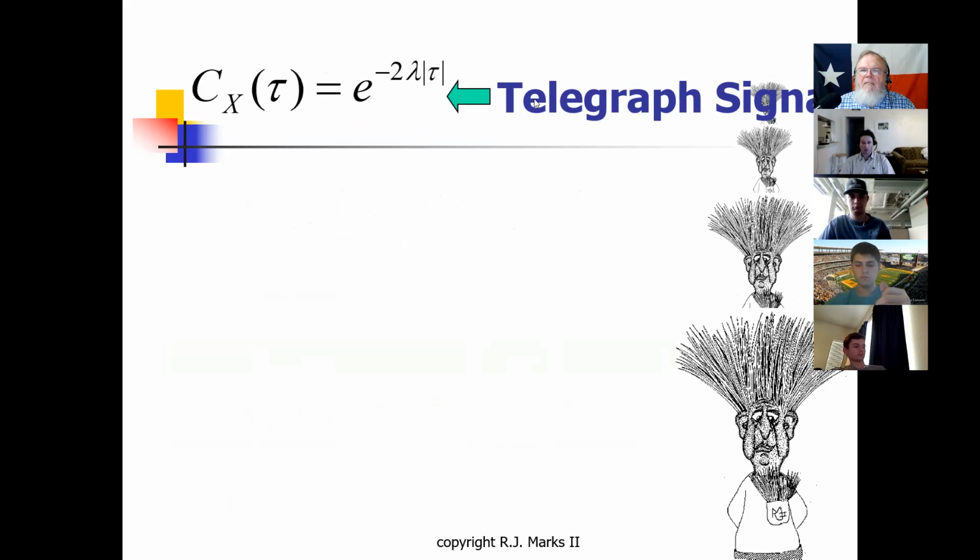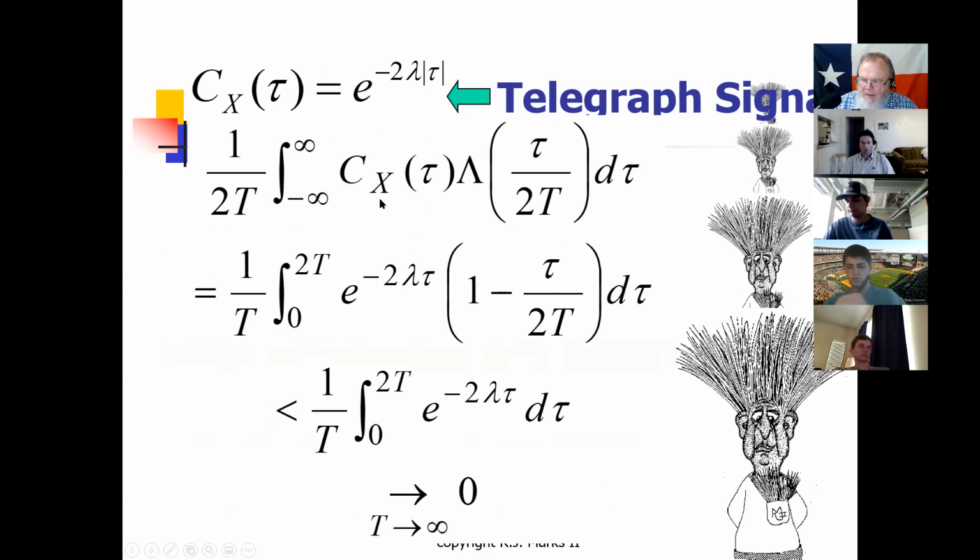Now, we showed, I don't know if we showed this, but it turns out that this is the autocovariance of the telegraph signal. And let me remind you what the telegraph signal was, down here on the bottom. A telegraph signal is when you do random Poisson points on a timeline, and then every time you hit a Poisson point, you switch.